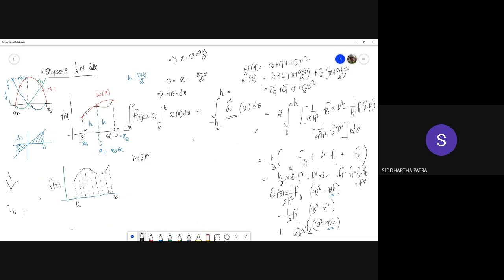Anytime we will take two segments together. From these two segments, the approximate area under the curve using Simpson's rule for any two segments is this. So you take segments in pairs, and h equals b minus a by n.